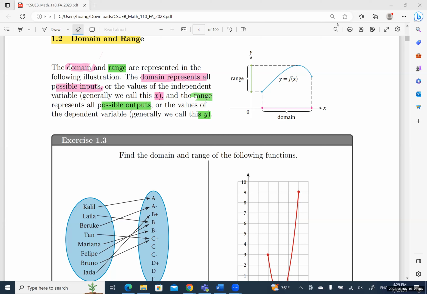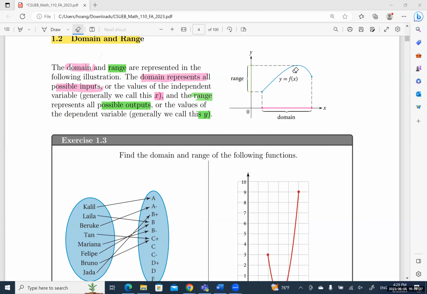Okay, so we come to section 1.2, domain and range. In the previous section, I did mention domain and range. They are all in a function, right? A function has all the values of input, which is the domain, and all the values of output, which is the range.